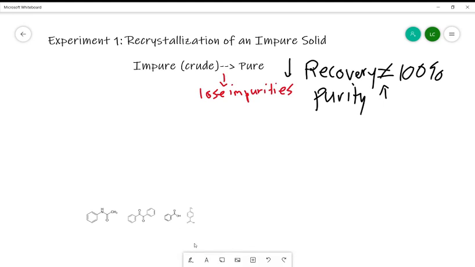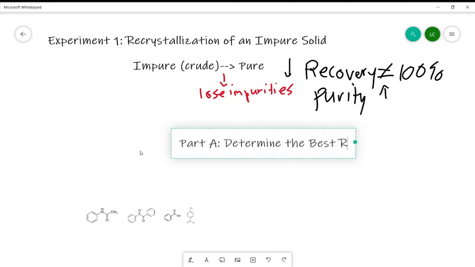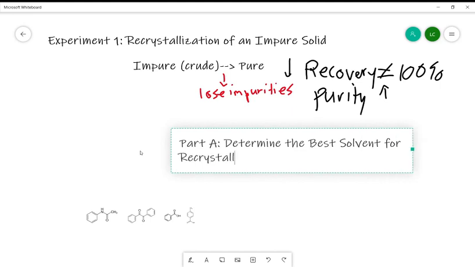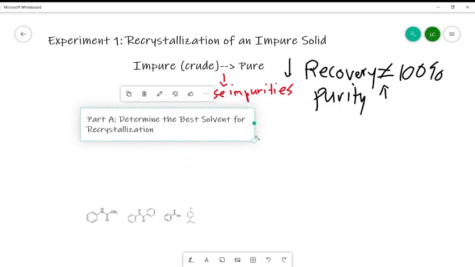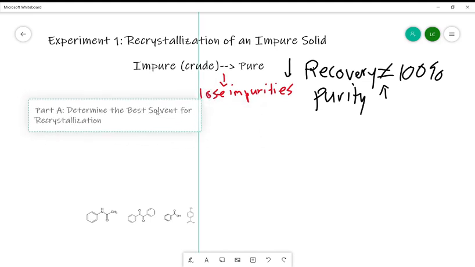Okay, so for the first part of your experiment, you did part A, which was essentially determining the best solvent for recrystallization. This is an important concept to know. So what determines a really good recrystallization solvent?